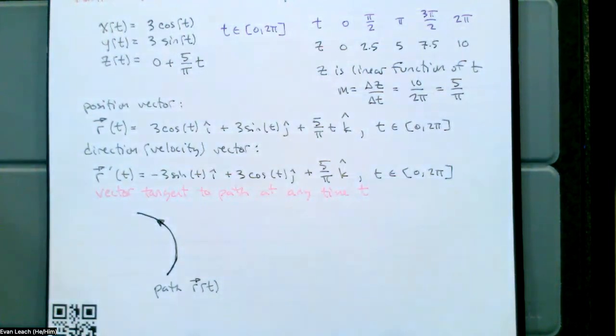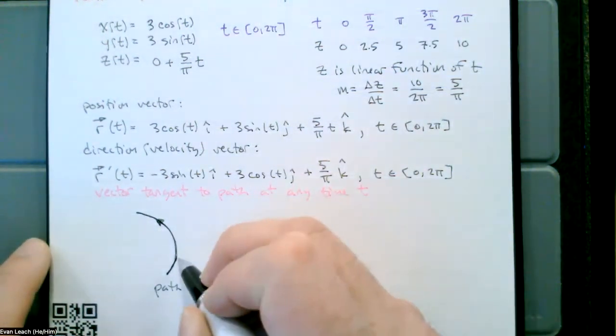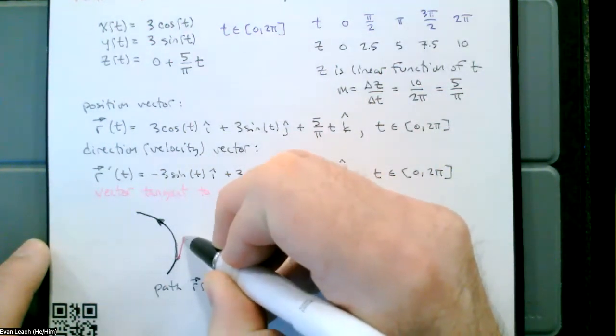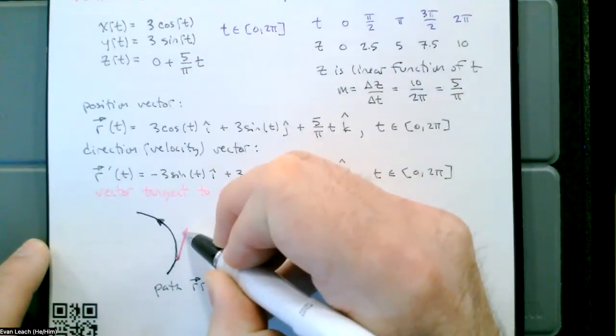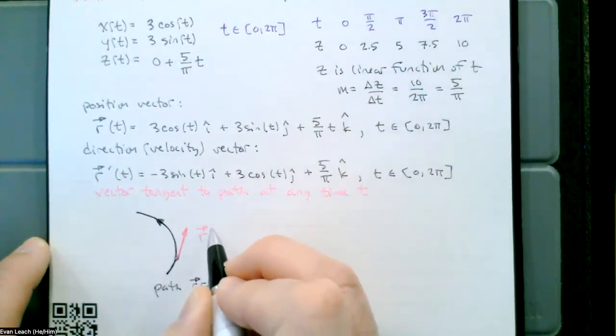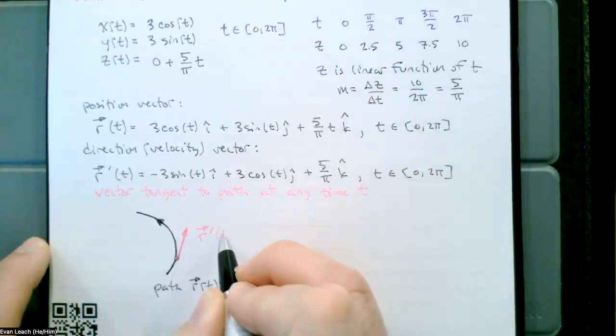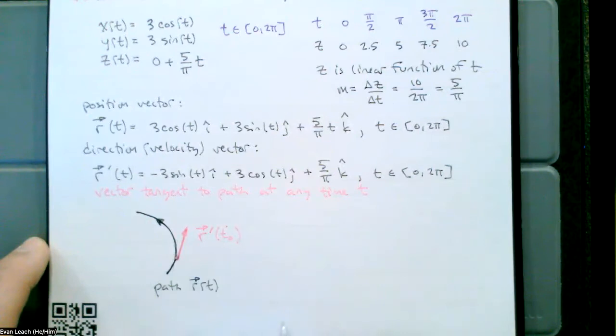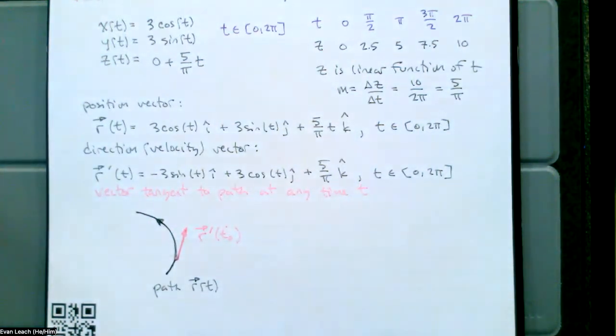Then at a particular point, t naught, let's say, we can plug that t naught into the velocity vector and get a vector tangent to the path.